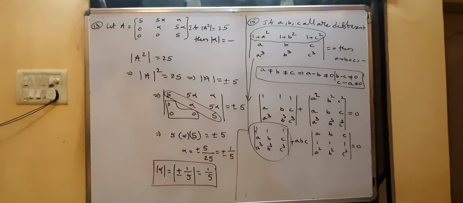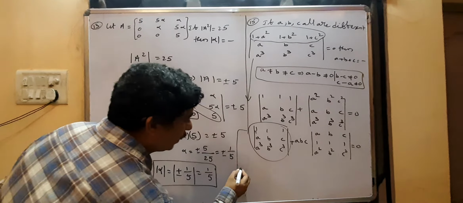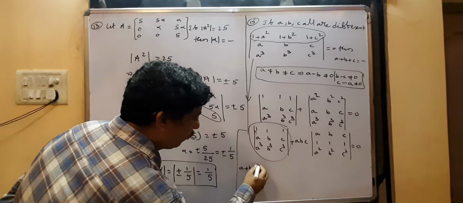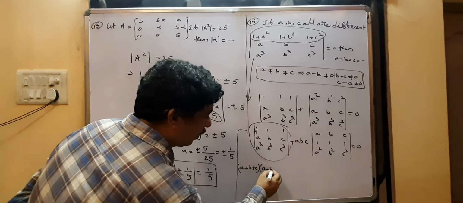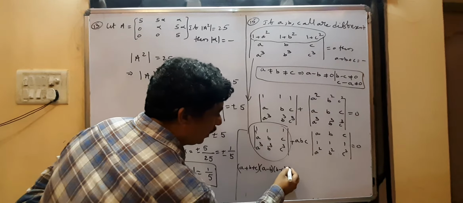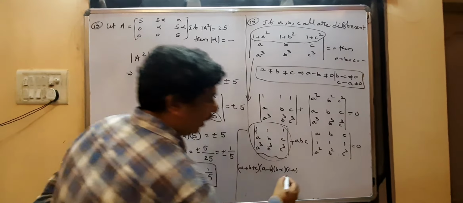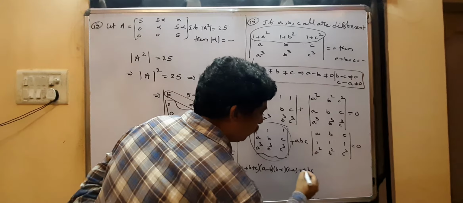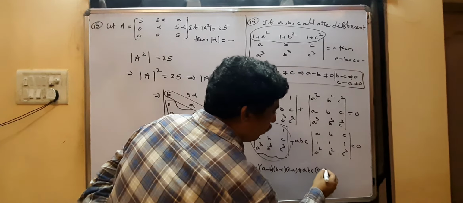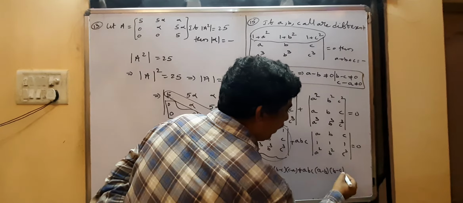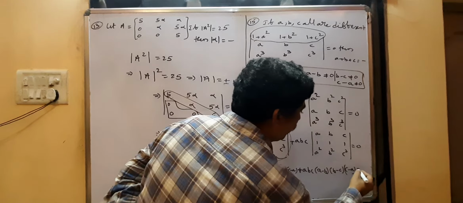First determinant value here is A plus B plus C into A minus B, B minus C, C minus A. This is the determinant value. Plus ABC into the second determinant value, A minus B, B minus C, C minus A, equal to 0.